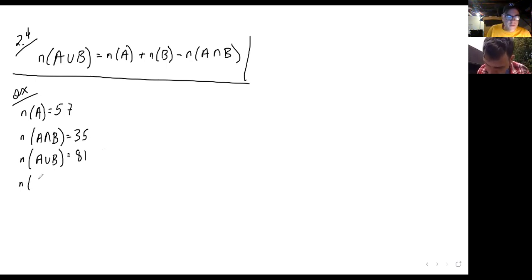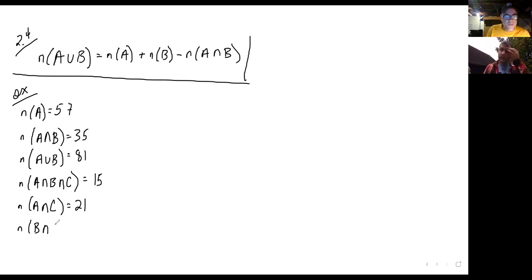Cardinality of A intersect B intersect C is going to be 15. Cardinality of A intersect C is going to be 21. Cardinality of B intersect C, 25.